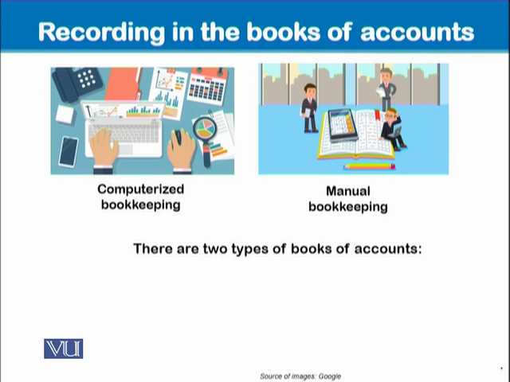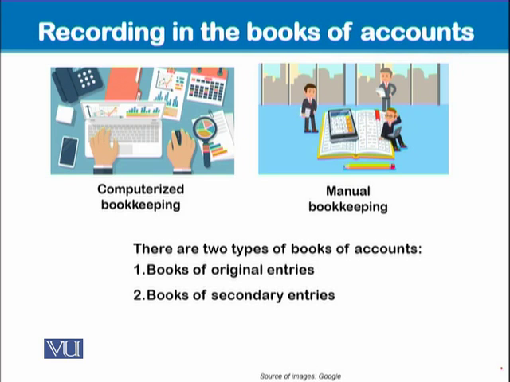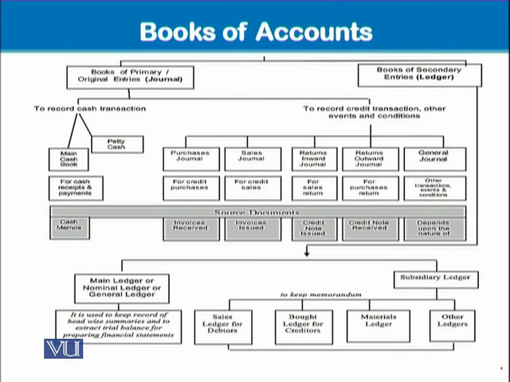We need books of accounts, which are basically of two types. One is books of original entries and the second one is books of secondary entries. This is in fact a diagram which will tell us how many books of accounts there are and what we do with each type of book of account.